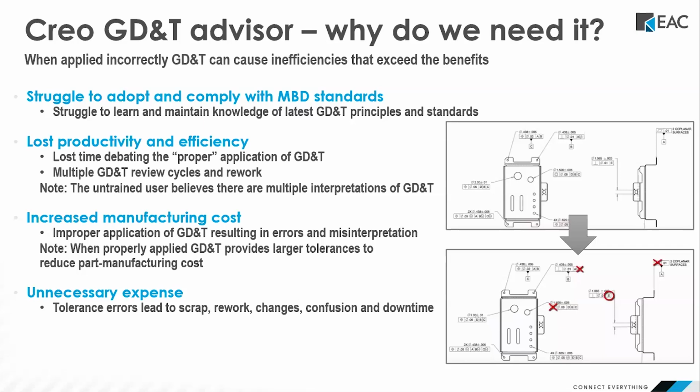You can lose time debating the right way to apply a GD&T, and you can go through multiple cycles reworking them. There can be an increased manufacturing cost from errors and misinterpretations of improperly applied GD&T. And tolerance errors can also lead to scrap, rework, and confusion.